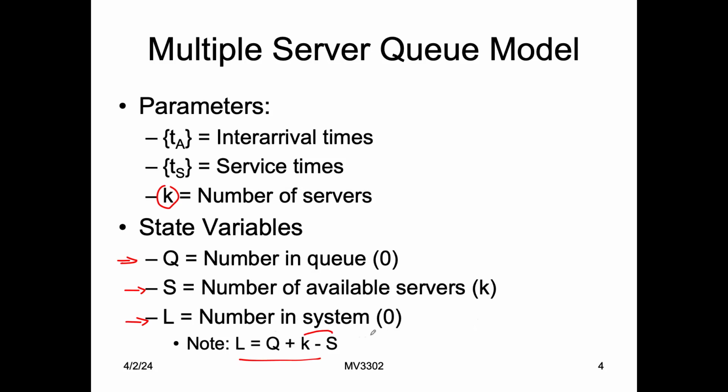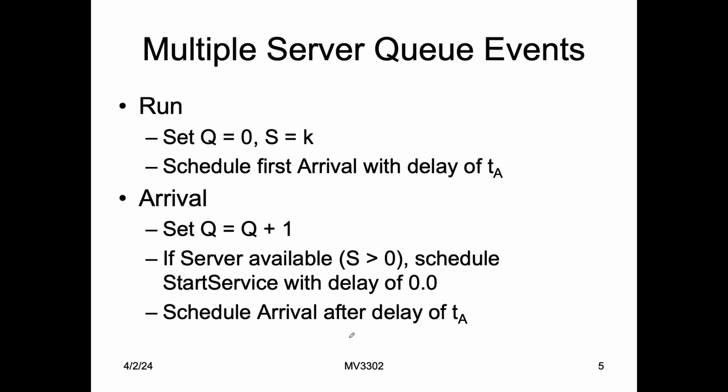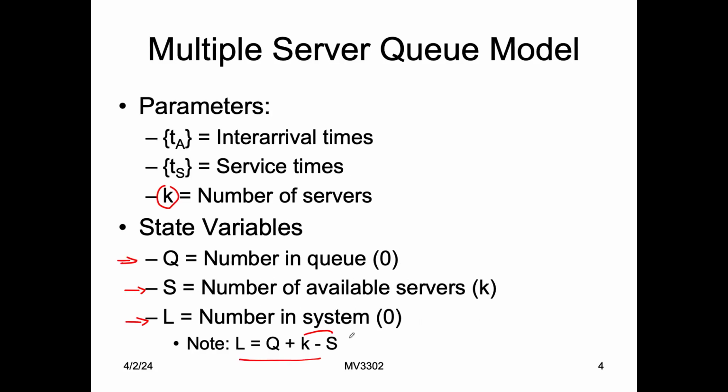So initially, if there are none in the queue, and I have 3 servers total and 3 available servers, then Q plus K minus S is 0. At any point in time, that's going to be the relationship. So those are the parameters and state variables.